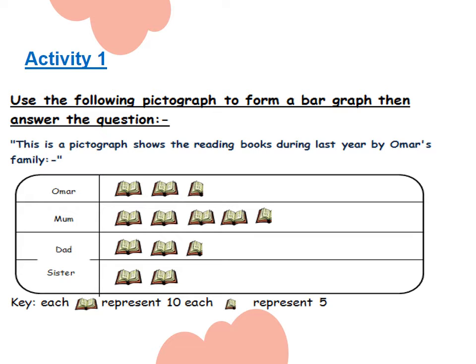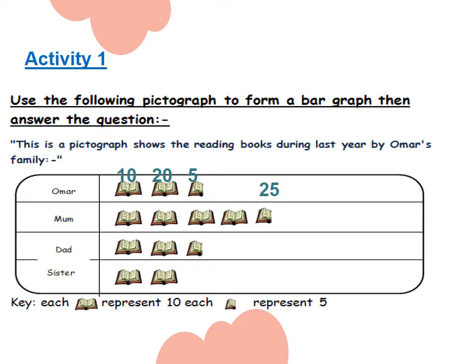Like here, in front of Omar: 10, 20, and a half book, so it is considered 5. 20 and 5 is what? 25. So Omar read 25 books last year.